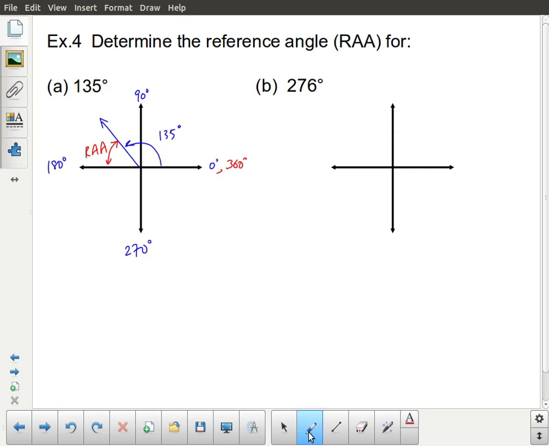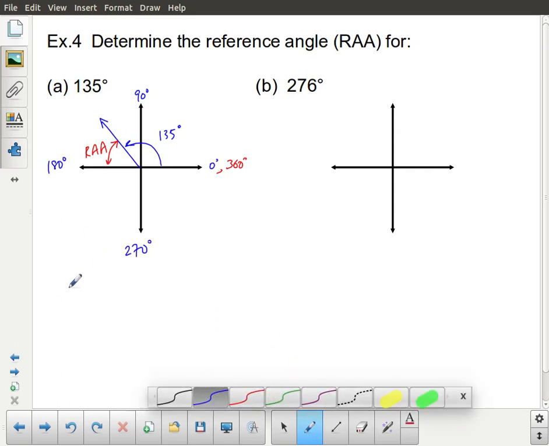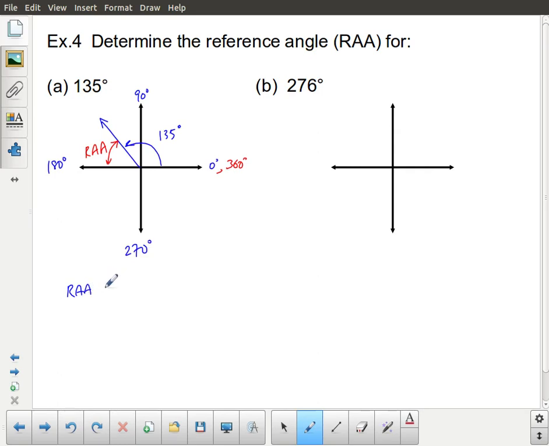You could write that the related acute angle plus 135 degrees must be equal to 180 degrees. Or you could go straight to the fact that the related acute angle is 180 degrees minus 135 degrees, which in this case is going to give us 45 degrees. So you can start here if you want to, but you are welcome to go straight to this subtraction.